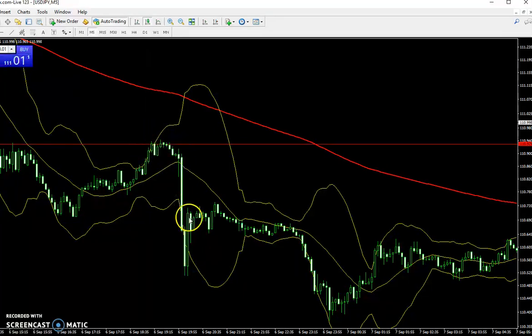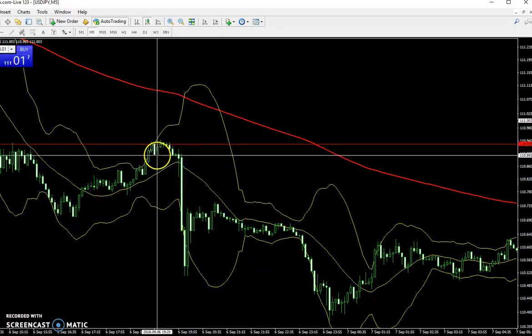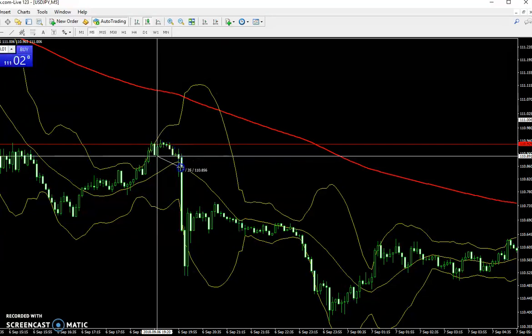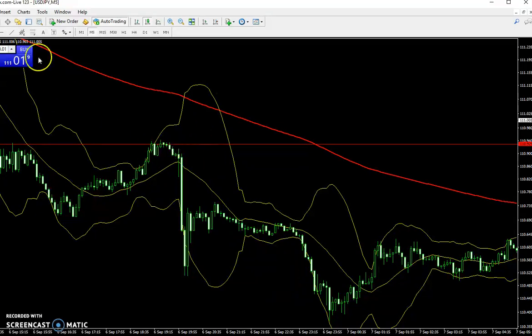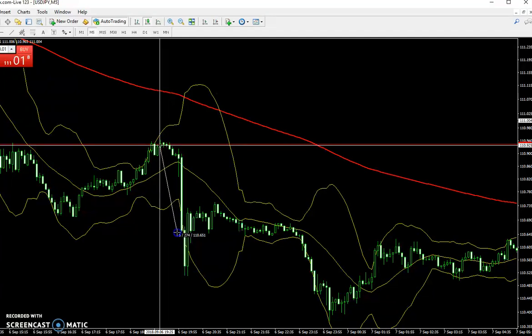This one would have been a great trade if you can take a little bit of heat going against you. I'm not going to say you got out here because you don't know what's going to happen. It's easy to say after the fact, but while you're trading, if you see such a big candle, I would have probably gotten out here for 26 pips. That's awesome, in 8 candles, 40 minutes. That's a lot of profit.